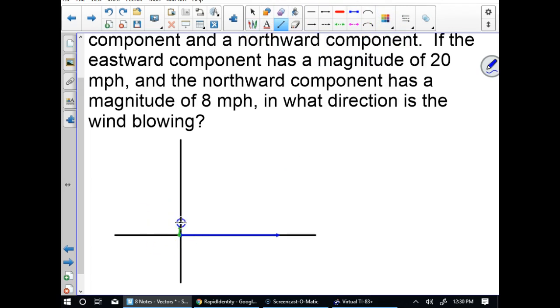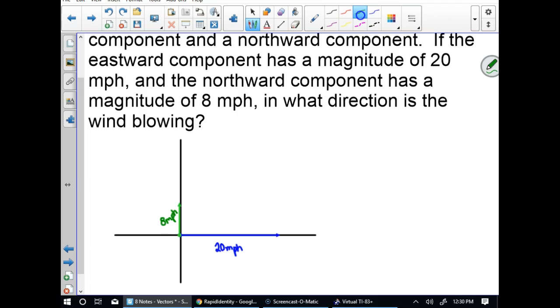It's only 8 miles per hour, so I'm going to draw it shorter here. And I'm going to label those. This is 20 miles per hour, and this is 8 miles per hour.